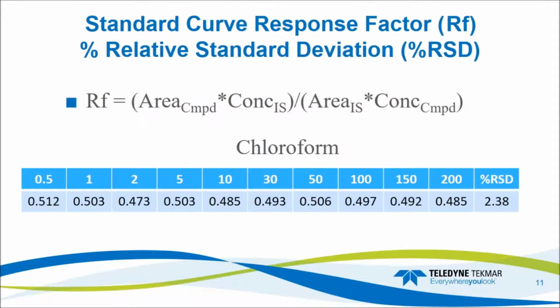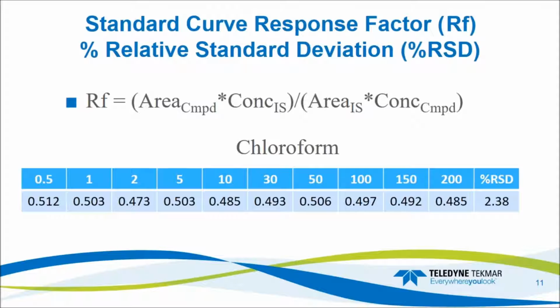What I'm going to talk about for these first couple ideas are the standard curve response factor percent RSD. The response factor is calculated by taking the area of the compound times the concentration of the internal standard, and then dividing that by the area of the internal standard times the concentration of the compound.